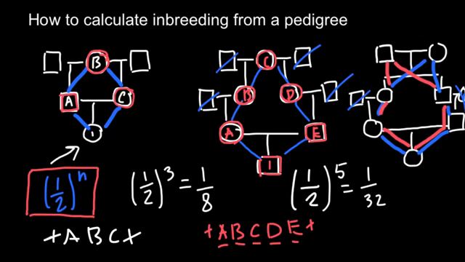Once again we are going to use the same formula, and let's put letters here. So this is going to be I, and this is going to be A, B, C, D, E, and F here.